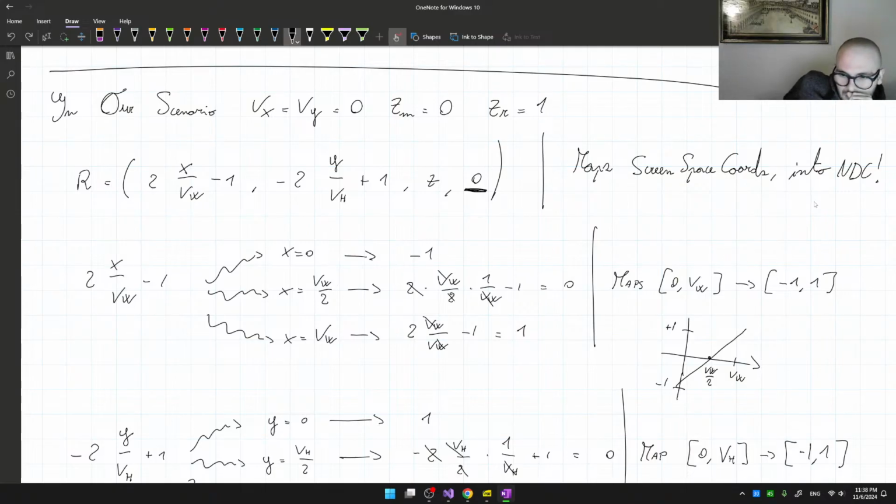And like we got it. Why? I don't know. Obviously, this is just the transform from screen space to normalized device coordinates.